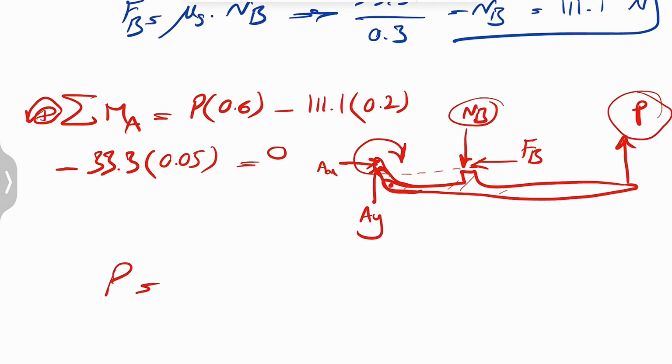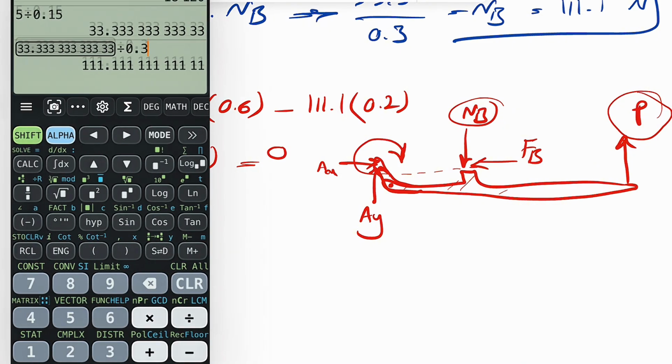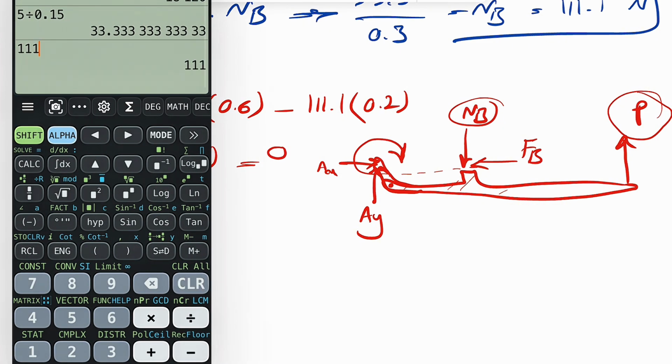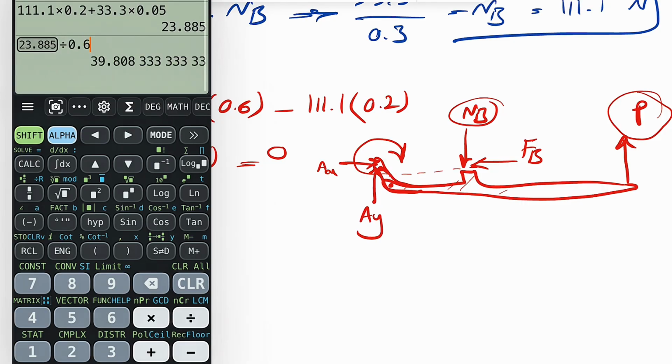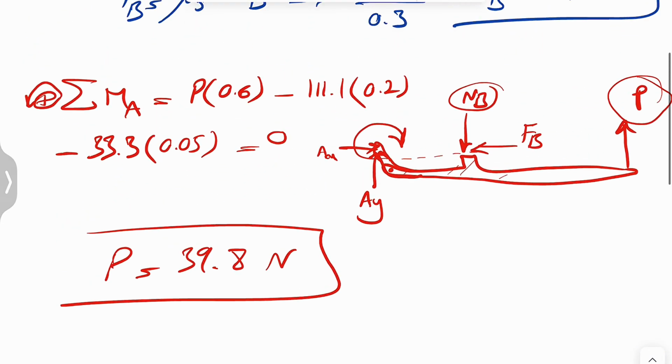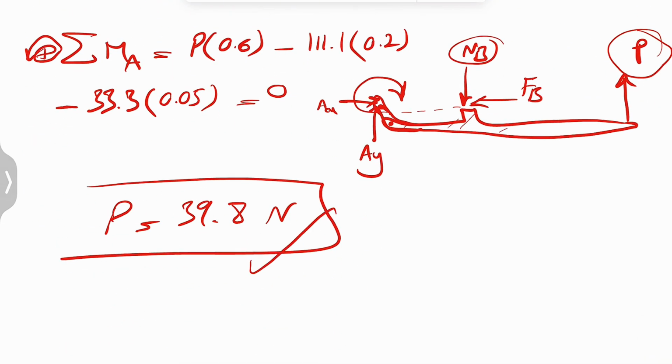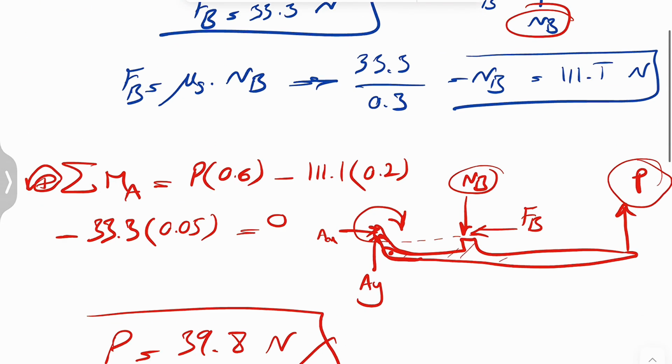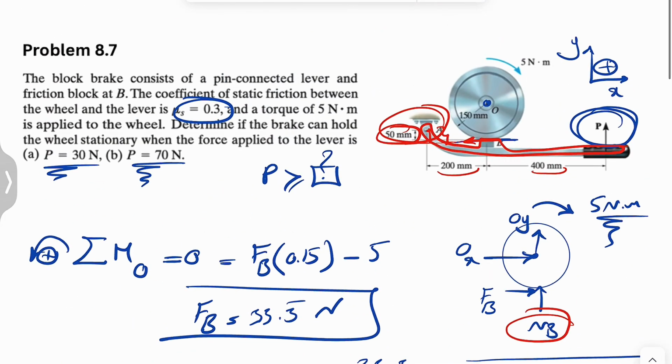That's going to give us the force P that is going to hold the system in equilibrium. So P will be 111.1 times 0.2 plus 33.3 times 0.05, divided by 0.6. It's going to give us 39.8 newtons. Whatever value we have above that is going to stop the wheel, because it's going to put more force on the wheel.